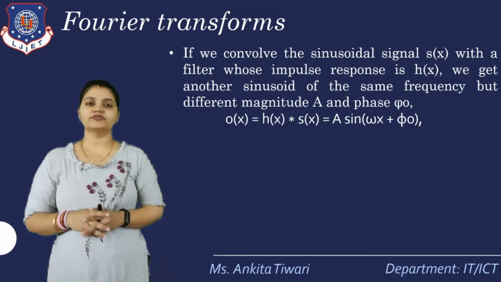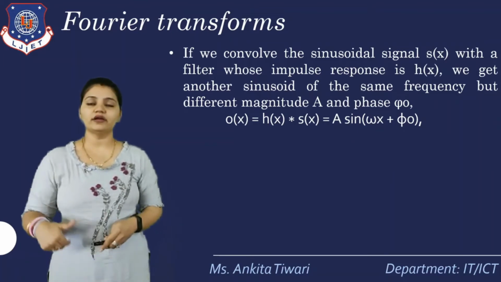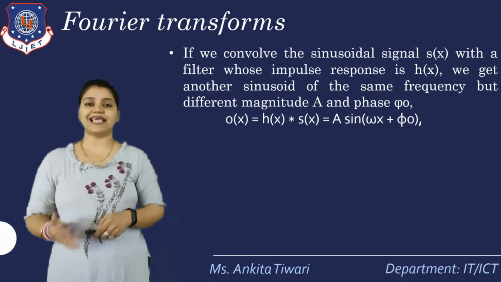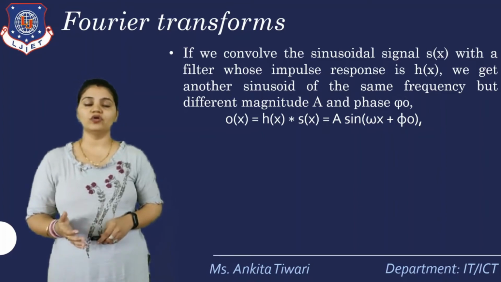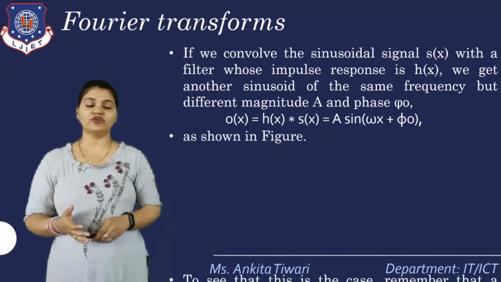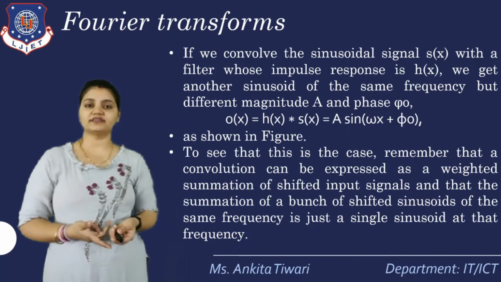Sorry, phi o, not 0. So the different magnitude A and phase phi o are defined by the function. As shown in the figure, we will see this in the next slide.